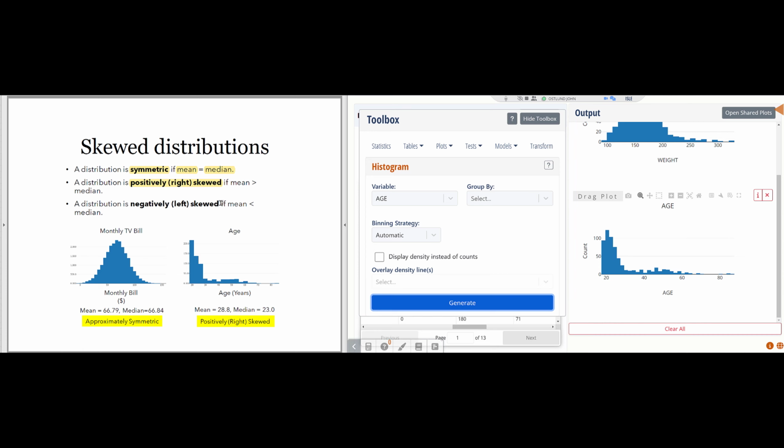So this is an example of right-skewed data. The mean is significantly greater than the median in this case. If the plot looked the other way around, then that would be a negatively or left-skewed data set.